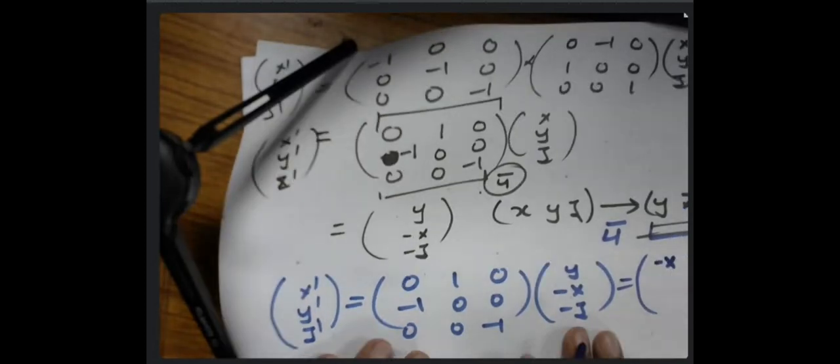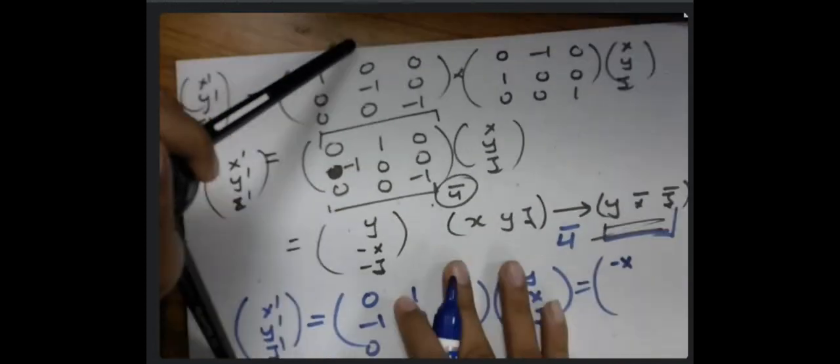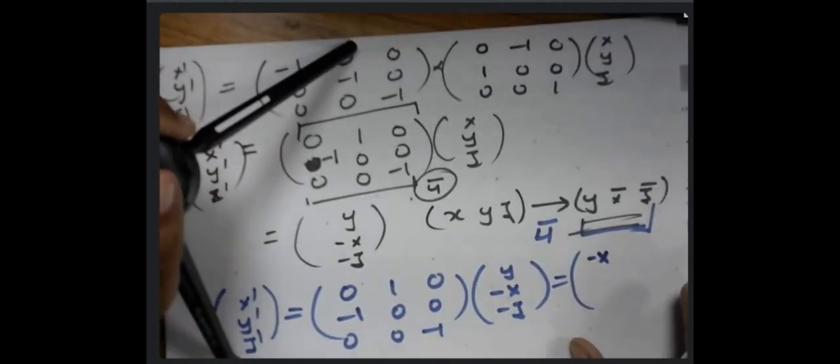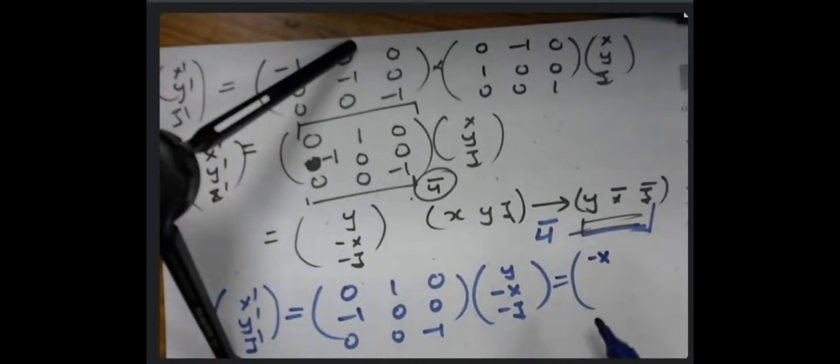What will we get? This will be minus of x, then minus of y, and after that plus of z.